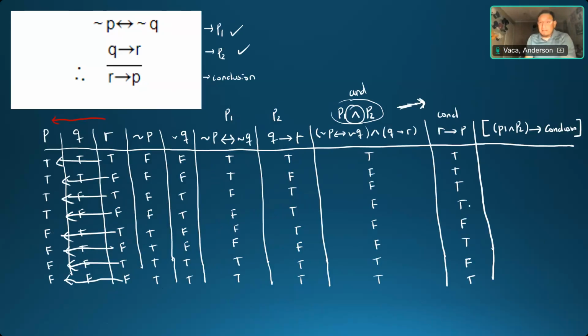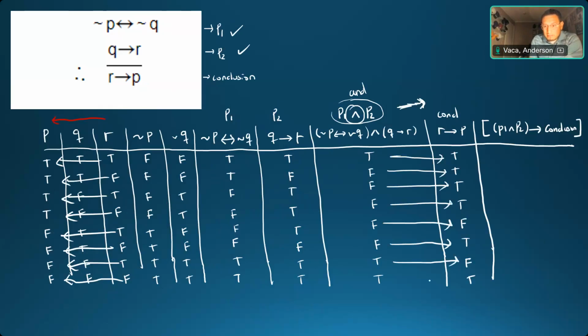All right, finally, we're at the end. Now we're going to put together these two columns using a conditional, and this is the direction that we're going. True, true, true, true, true, true, false, true.